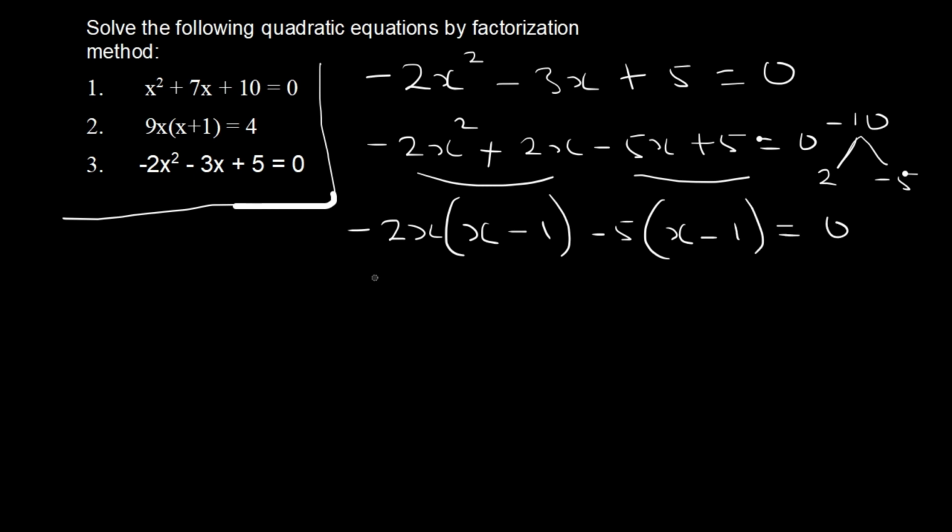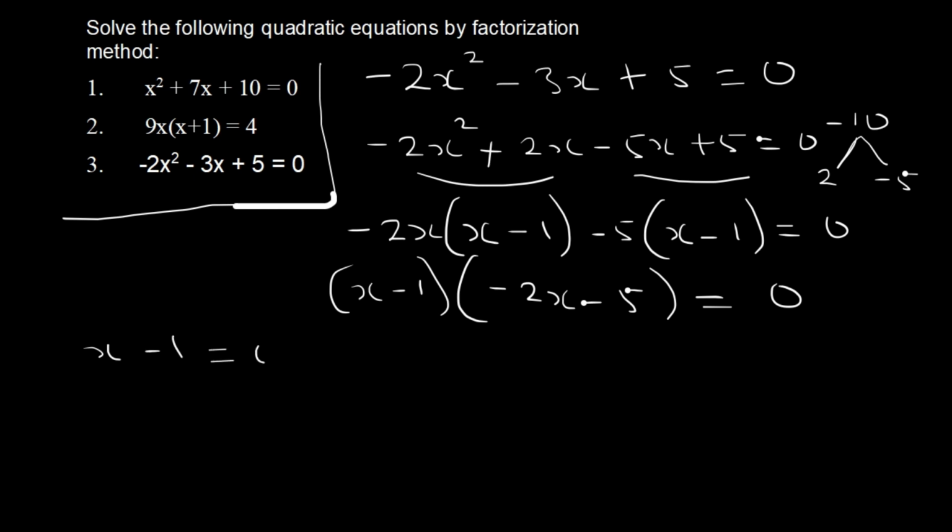Everything equal to 0. We have two brackets that are the same. We'll take 1 and we'll create another bracket. Minus 2x minus 5 is equal to 0. So we have that x minus 1 is equal to 0, or minus 2x minus 5 is equal to 0.